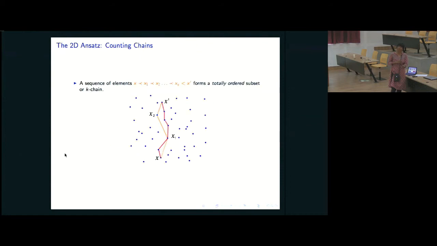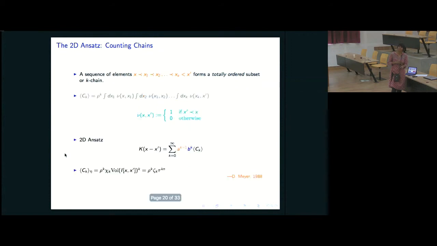So let's look at 2 dimensions. In 2 dimensions, all you require is that the sequence forms a totally ordered subset, or a chain. Here are examples of 2 different sets of chains. I've drawn one here, the orange one, and a red one, which is longer. And you have to sum over all of these.